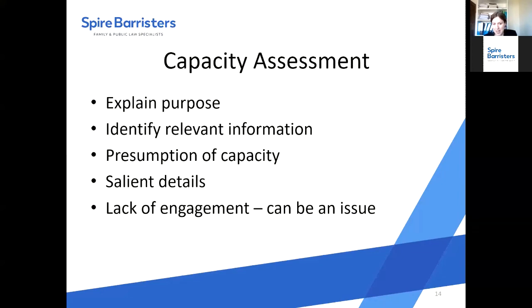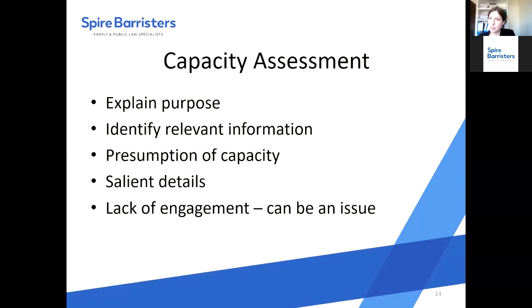I'd also say it's really important to, within the assessment document, identify what you think the relevant information is. Again, it's trying to avoid these broad brush statements of, P didn't understand the information. Okay, what was the information, first of all? And of course, we need to remind ourselves always of the principles.